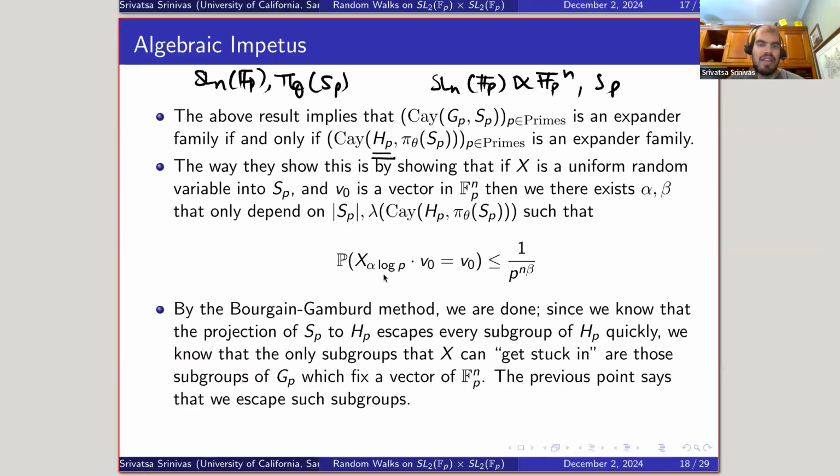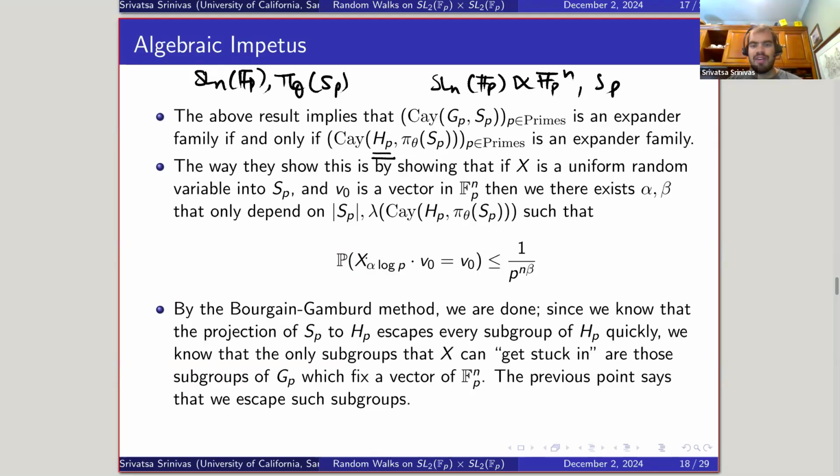So they basically say quantitatively that you cannot fix a vector. So the Bourgain-Gamburd method says that we're done, because the Bourgain-Gamburd method says that you have to prove that you escape every subgroup, and then you can use that fact with additive combinatorics to prove that you have an upper bound on the spectral gap.